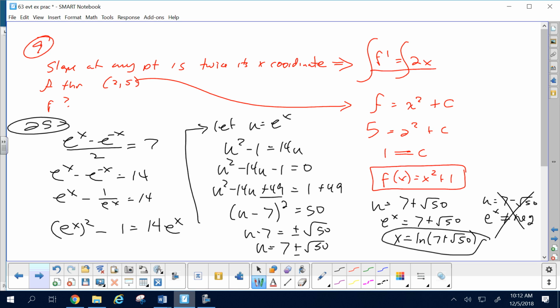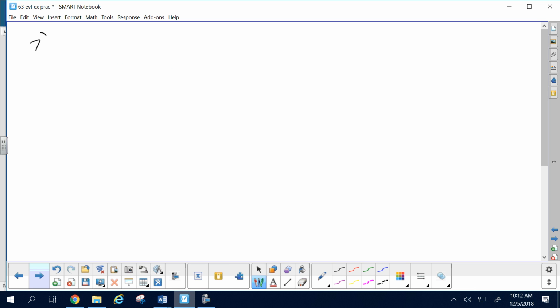Number 7. Question on 7? Okay. Okay, gold is being moved or mined at a variable rate. How much gold is removed?